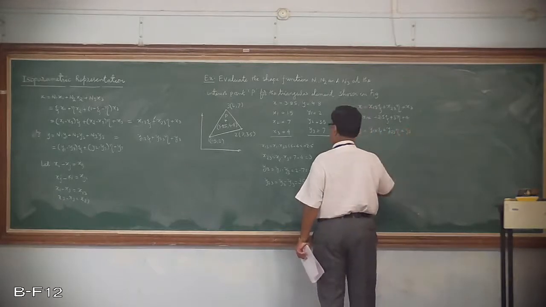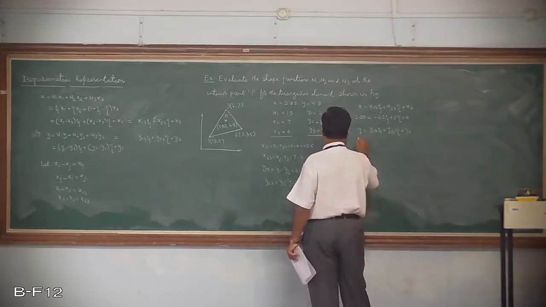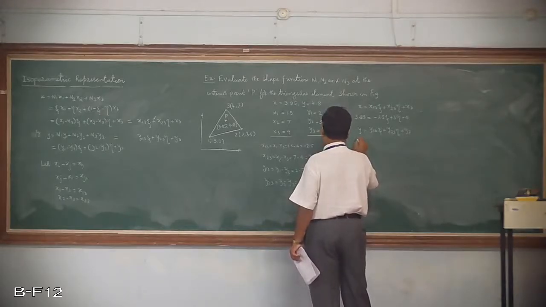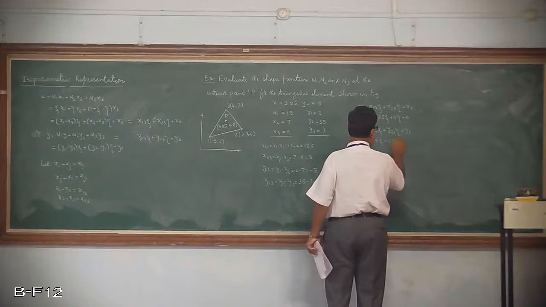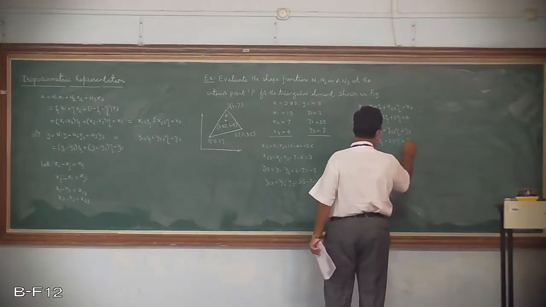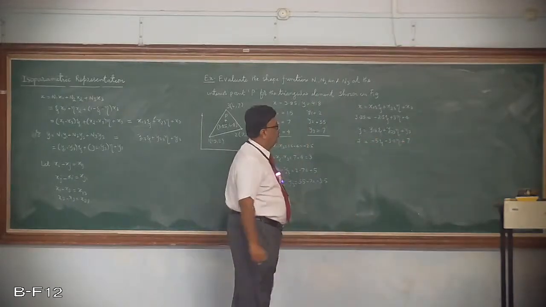Y is 4.8, which equals minus 5 zeta minus 3.5 eta plus 7. These are the two important equations.